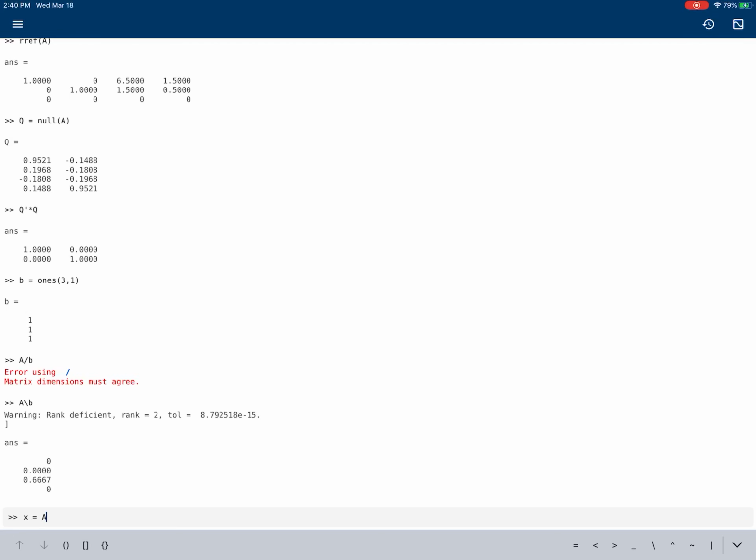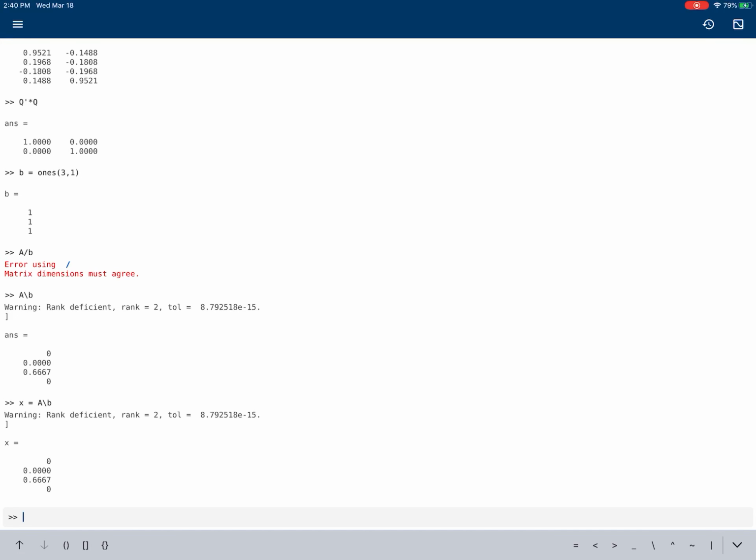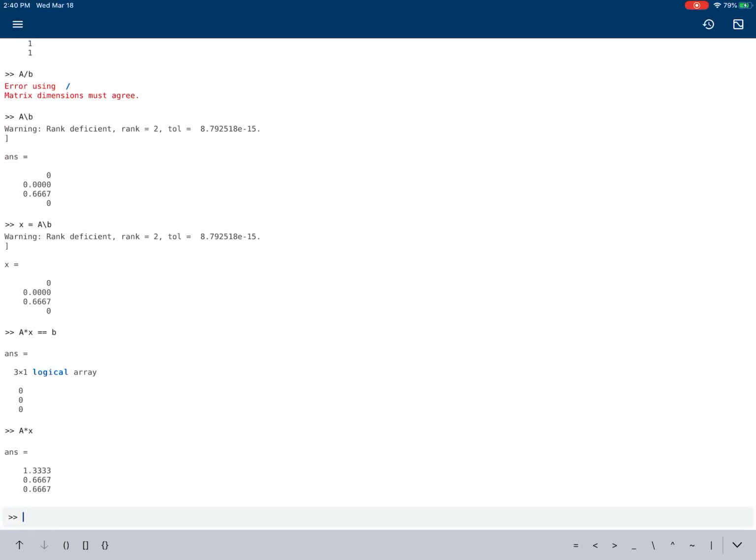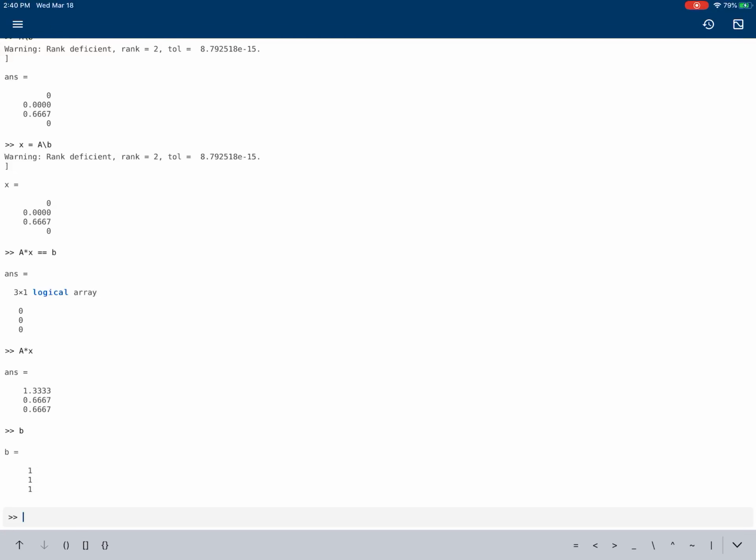MATLAB is going to spit out something here. It's going to tell me to use this vector, and I'll say that x is A backslash B. But this is supposed to be the vector that if I multiply A into it, I should get the B vector, and that is not the case. A times x is close, but it's not equal to the B vector.